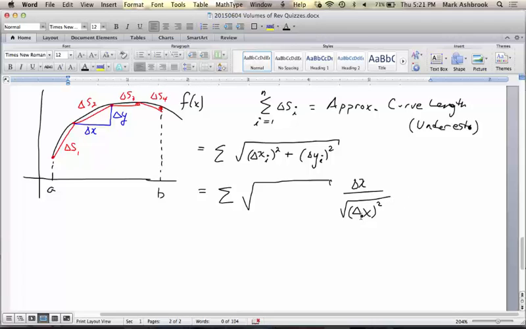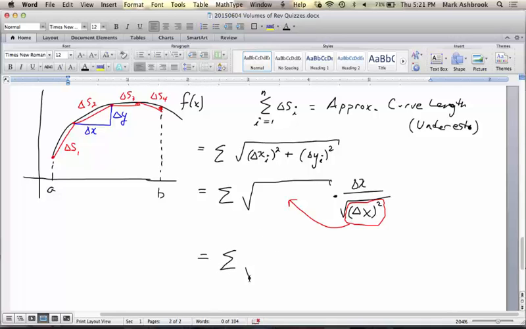That's just 1, so I can multiply by that. And since this is a square root, I can combine, and take that delta x squared and move it inside the square root. Is it fair? And I'm going to distribute.